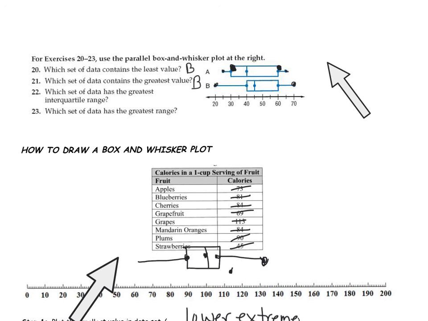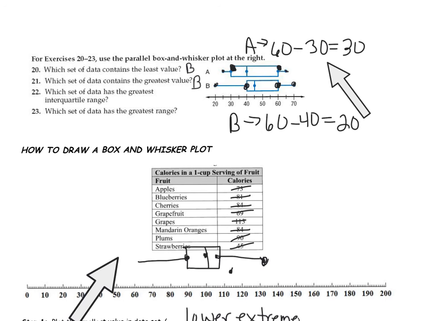So 60 minus 30 gives me an interquartile range of 30. For B, I see that my upper quartile is at 60 and my lower quartile is at 40, so that range is 20.